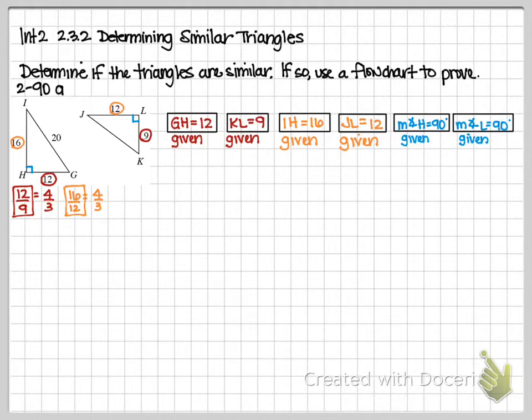So I'm going to do GH over KL, just like I did in the last video. I'll make sure I don't run out of space here. And then I'm going to rewrite it as 12 over 9, and I'm going to go ahead and simplify it. And I'm going to show that the ratio that I get is 4/3.